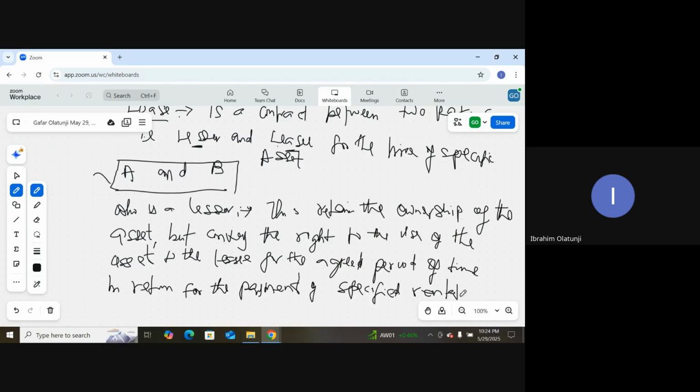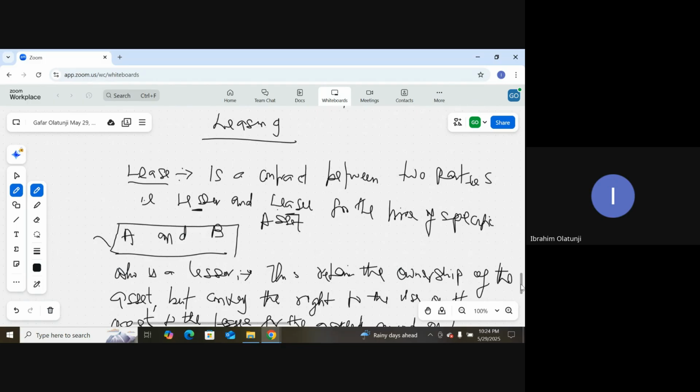So this is what you need to understand. When we are actually asking who is a lessor, based on the explanation, to a layman, if you look at from the beginning, we said lease is a contract between two parties, and I mentioned that the parties we are referring to here are a lessor and lessee, for the hire of specific assets.